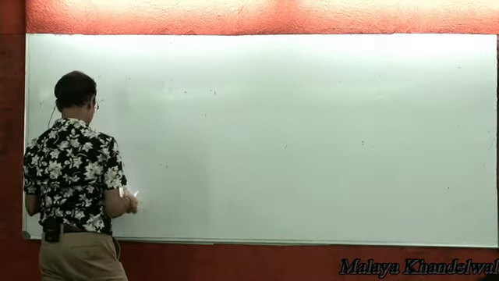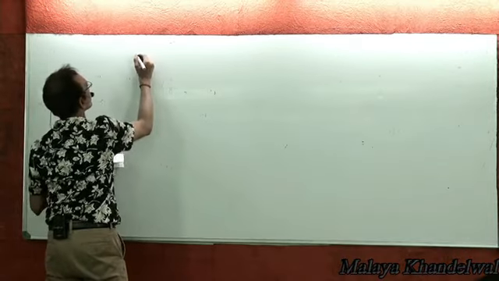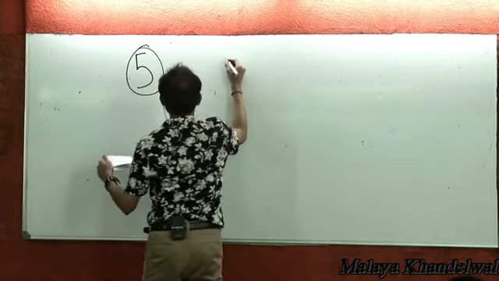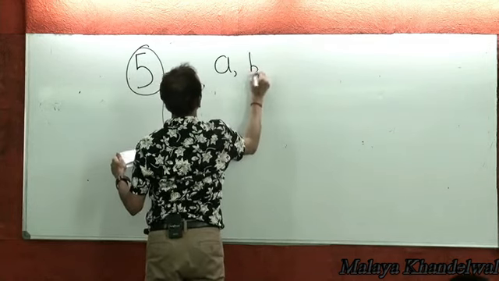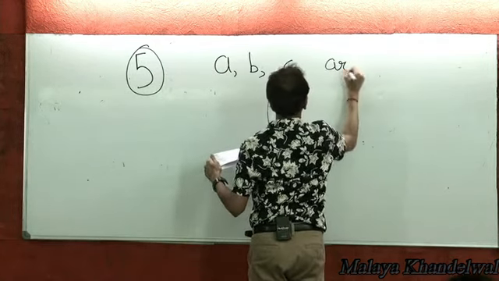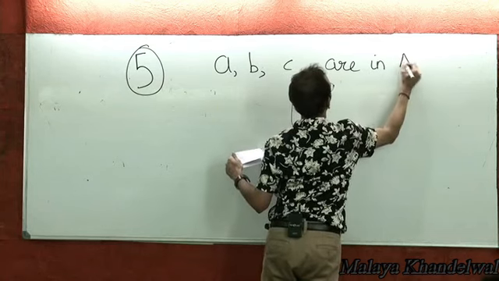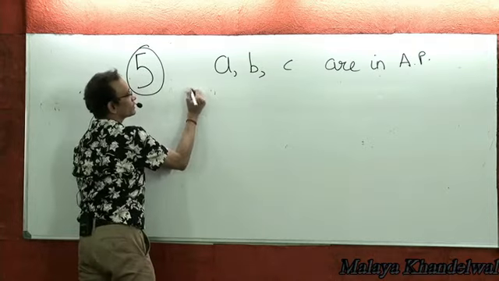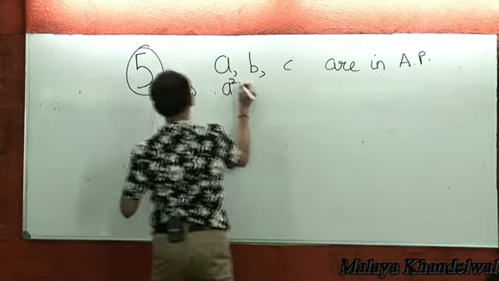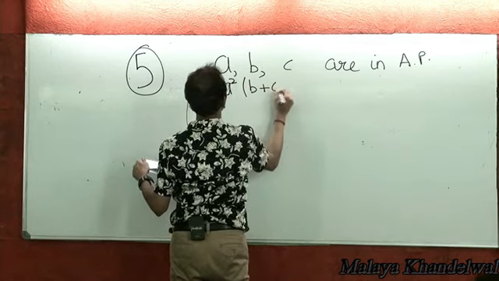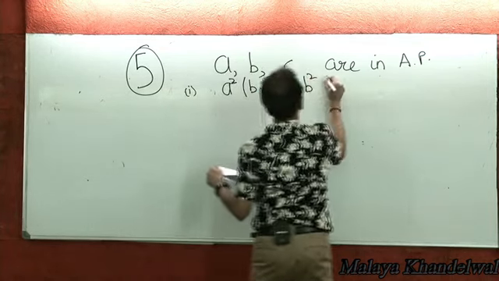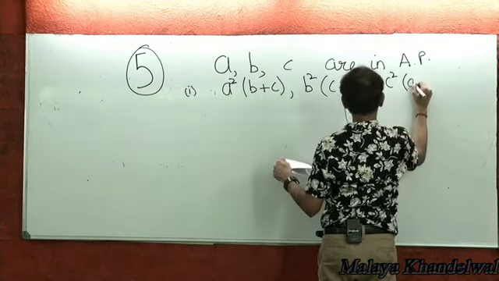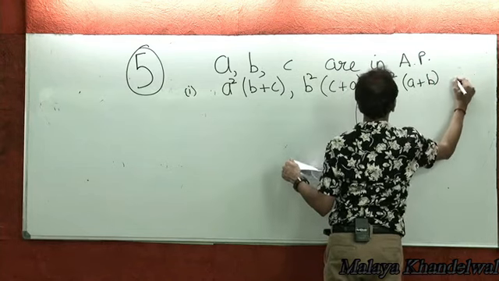Problem 5. A, B, C are in AP. We want to show that A squared (B plus C), B squared (C plus A), and C squared (A plus B) will be in AP.